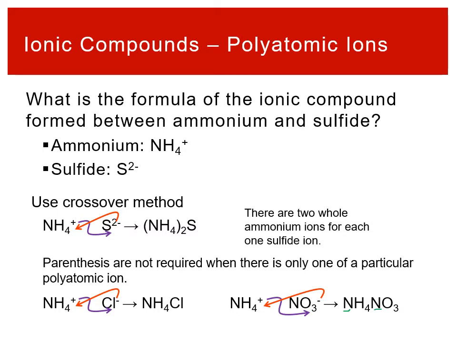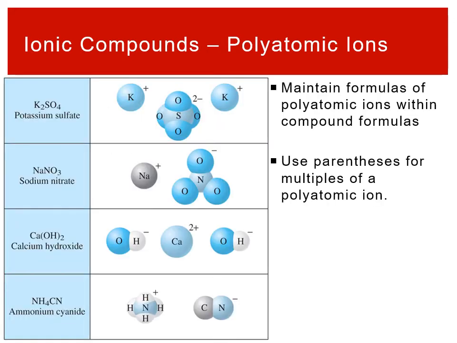Another thing to note, if you have 2 atoms of the same type that are not together, that's also a good sign you're dealing with polyatomics. You've got nitrogen in these 2 different ions. It hasn't been combined. And so this idea of using parentheses is really implying that you have 2 of them.